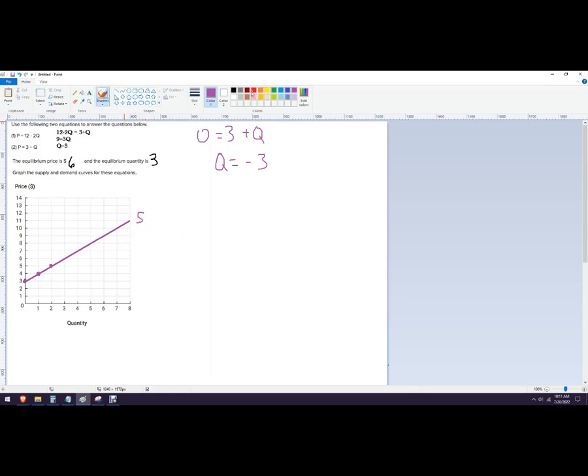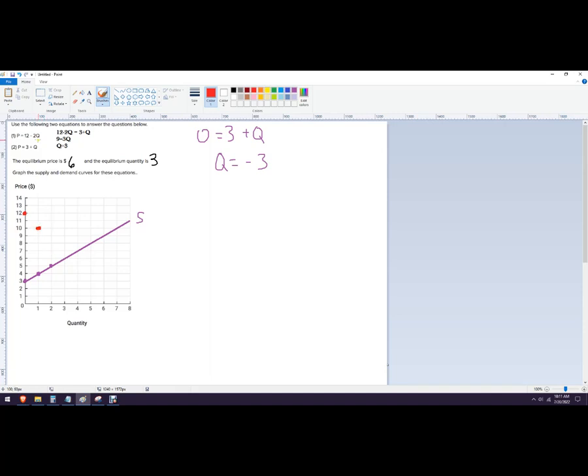Then the demand function, where does that start? If we put in 0 right here, it's going to start out at 12, so we can put a dot right there at 12. Now if I put a 1 there, that's going to turn into -2, so quantity 1 is right there.